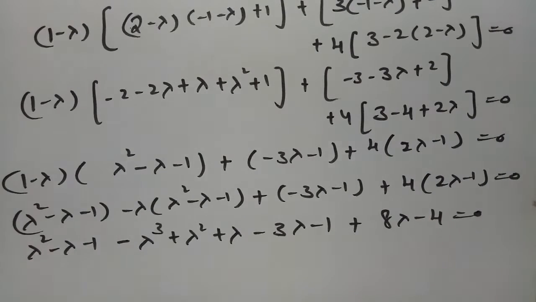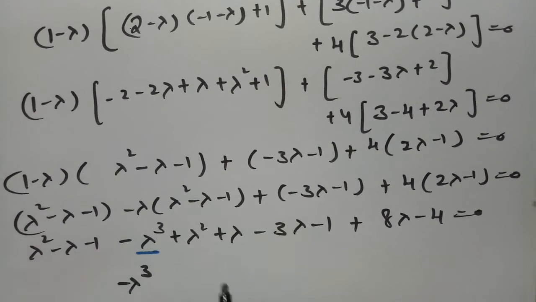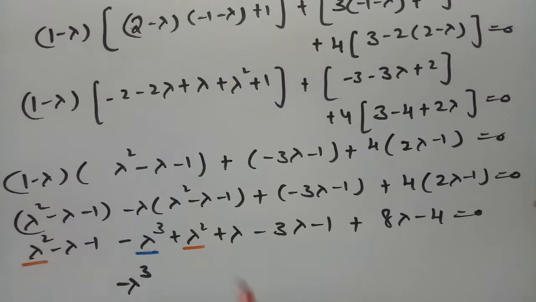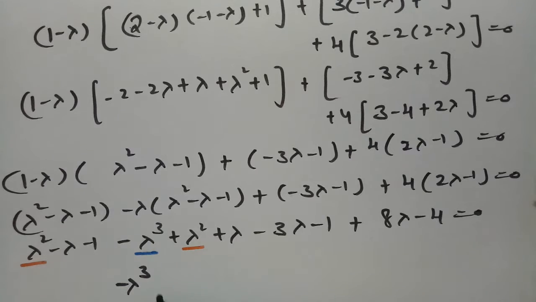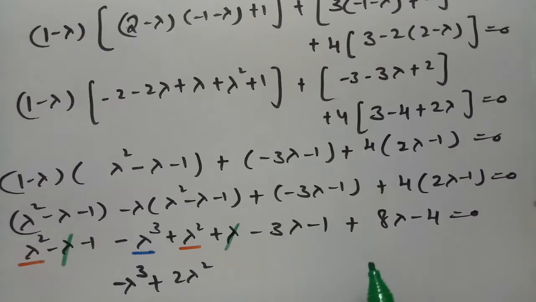So if you observe properly, there is only one single lambda cube. And the next one, this is 2 lambda square here. So this is 2 lambda square, and after that if you see, this is plus lambda square and minus lambda square.